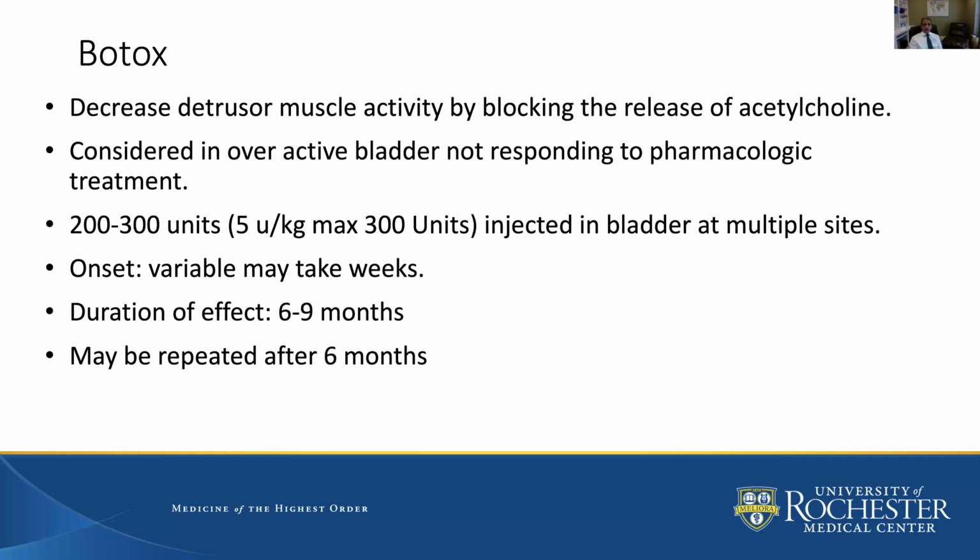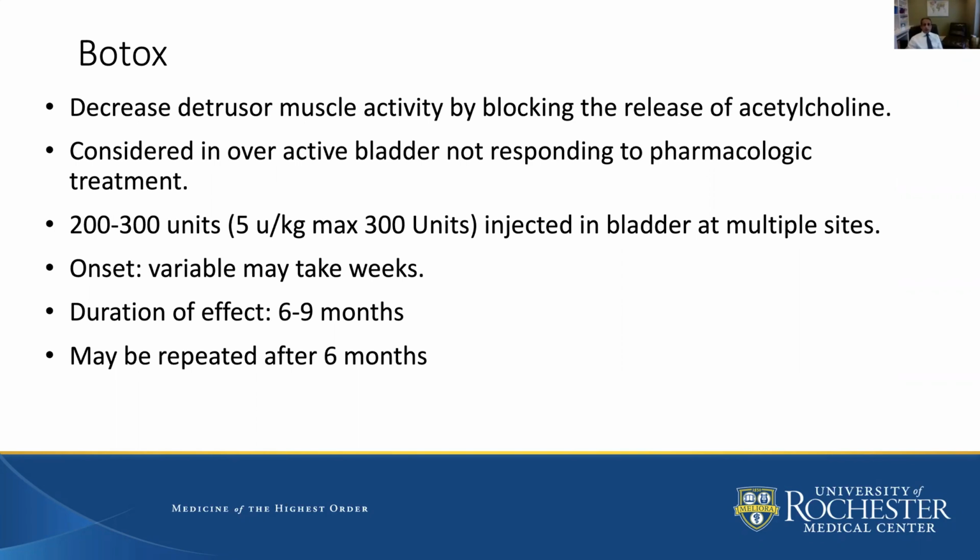It decreases the activity of the detrusor muscle by blocking the release of acetylcholine. It's used if you fail medication, or if the patient cannot tolerate the anticholinergic medications. Typically, we use 200 to 300 units or 5 units per kilogram body weight. A maximum of 300 units can be given at multiple sites in the bladder.